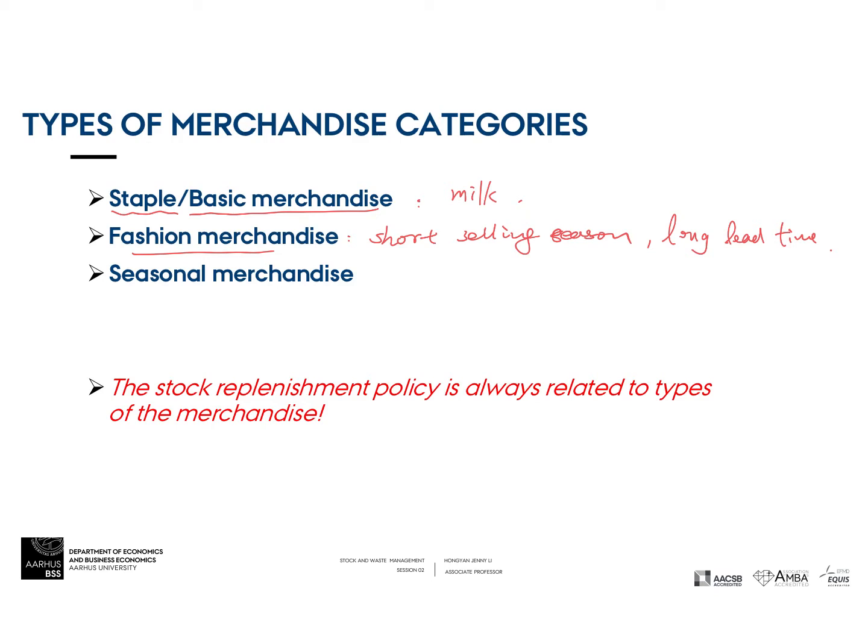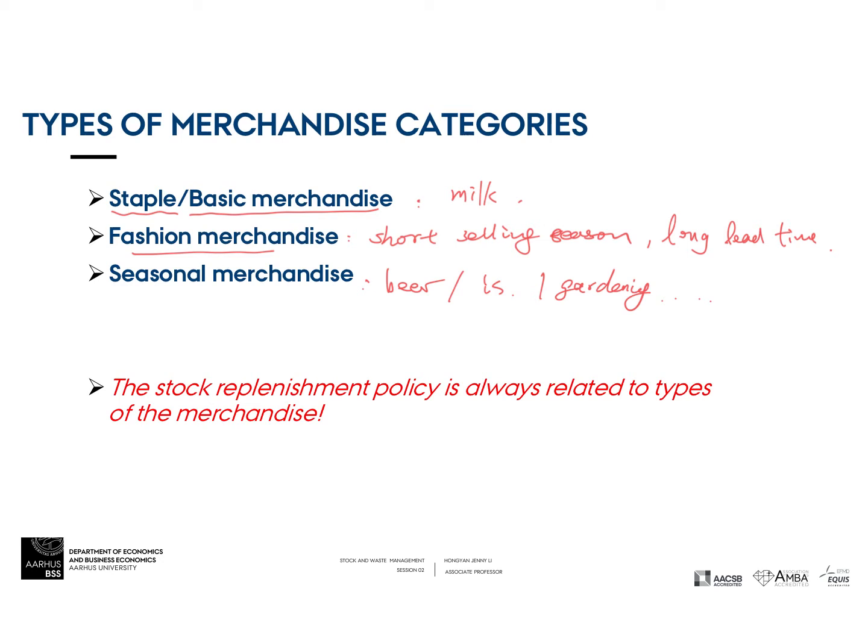So we are talking about summer, for example, you sell more beer or ice cream or gardening tools in summer. So many different types. That's the main merchandise categories we will address with different inventory policies or models.